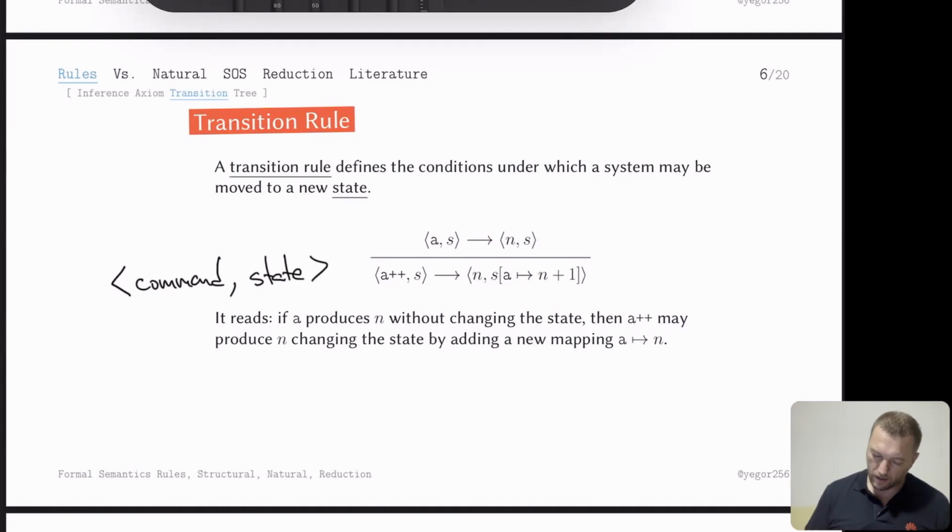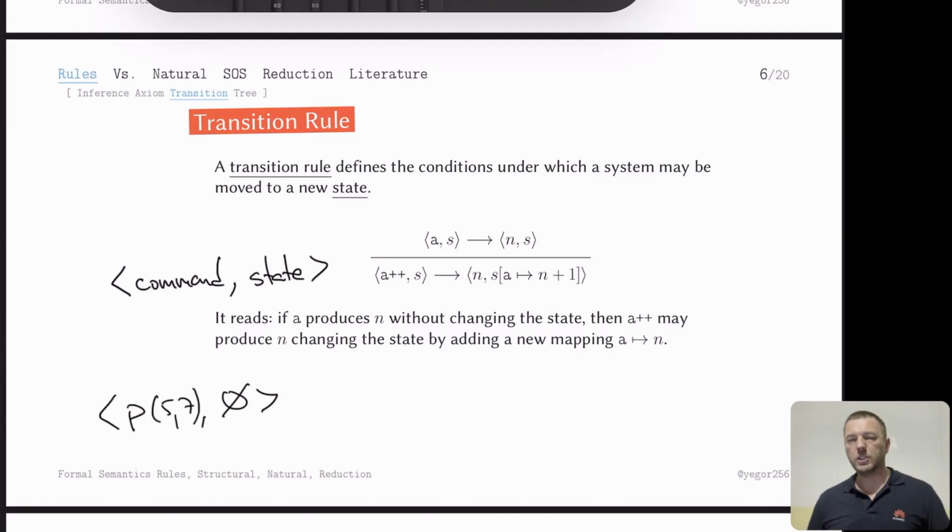So let's say the command P57 is coming, and inside the machine we have 0, nothing, so it's empty. So this is my situation.